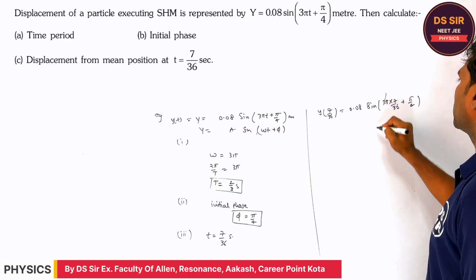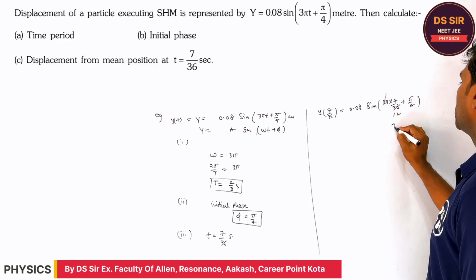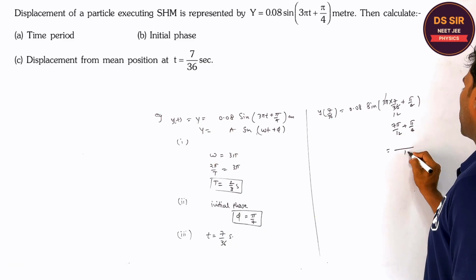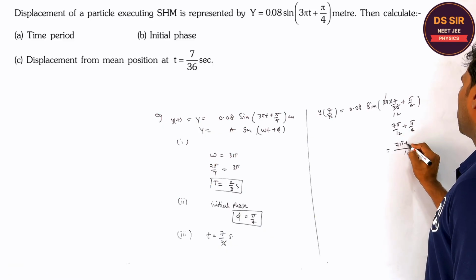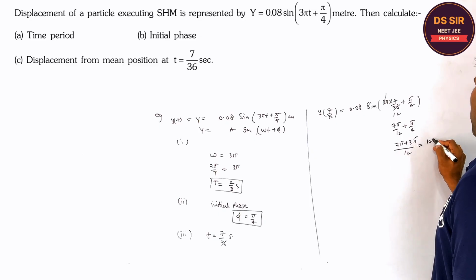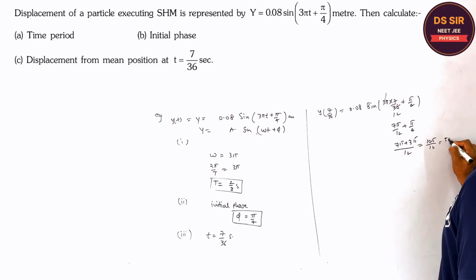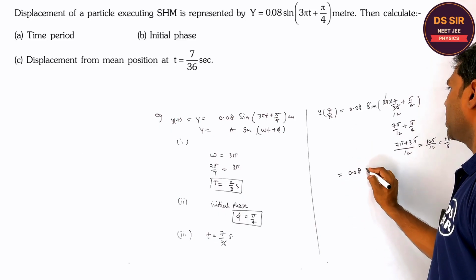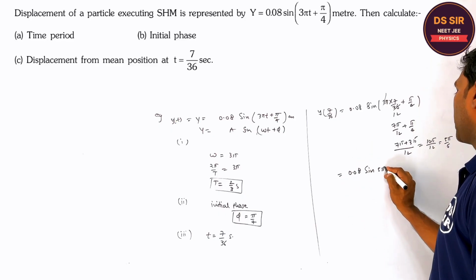You just calculate: this is 7 pi upon 12 plus pi by 4. The LCM is 12, right? 7 pi plus 3 pi, because 4 threes are 12. So this is 10 pi by 12, which is equal to 5 pi by 6. So the displacement is 0.08 sine 5 pi by 6.